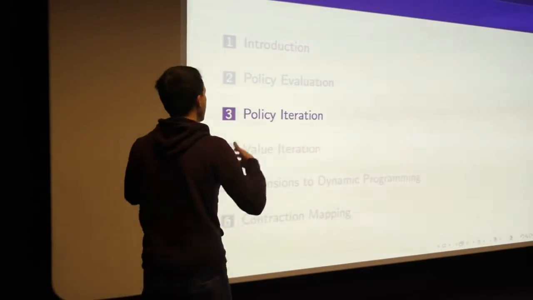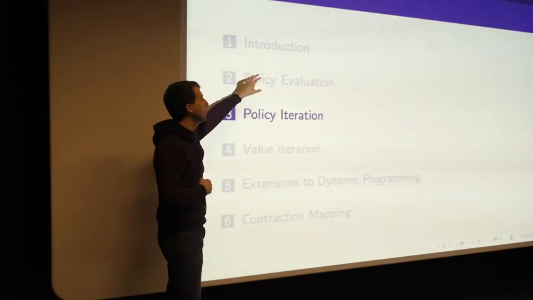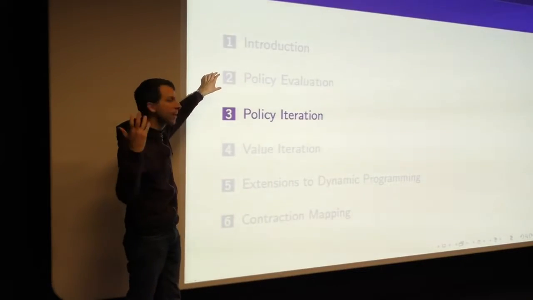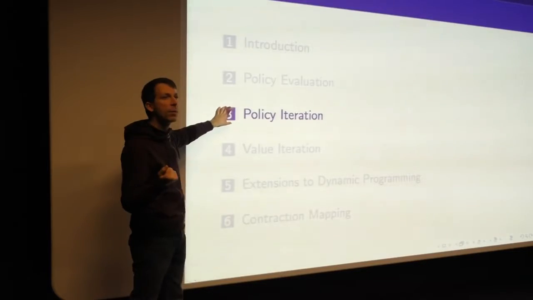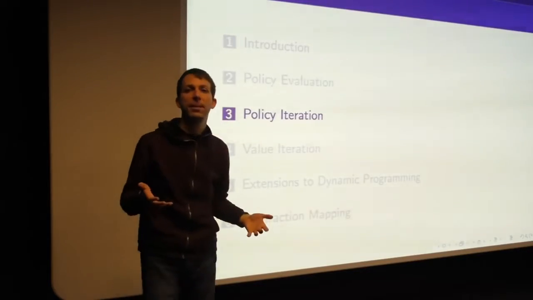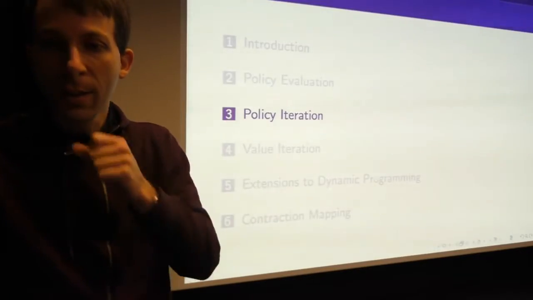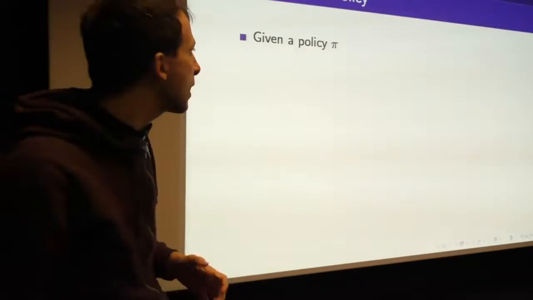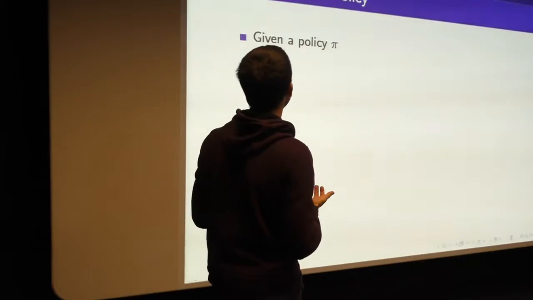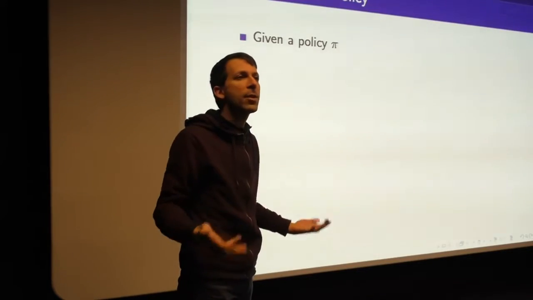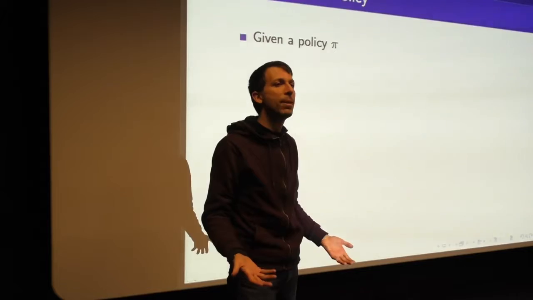So now we're going to talk about the next problem. Here we were just trying to evaluate a fixed policy, for example the uniform random policy. Now we want to actually find the best possible policy in the MDP. The way we're going to do that is by a feedback process, just as was suggested then. Let's start with this basic intuition: we want to make our policies better. How do we make a policy better?